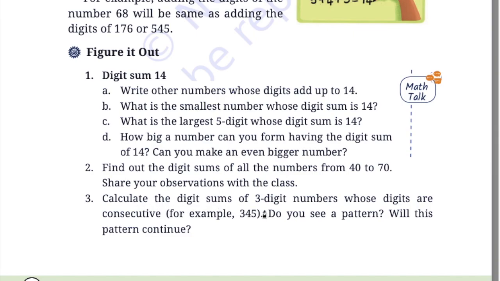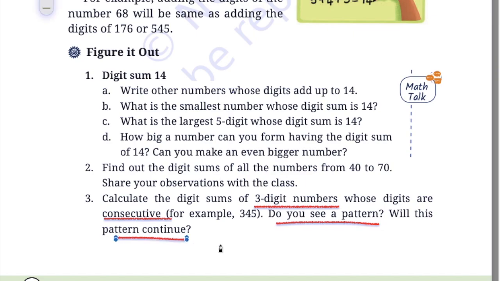Now the third question. Calculate the digit sums of 3-digit numbers whose digits are consecutive. I hope you know the meaning of consecutive. Consecutive means lagatar, one after another. For example, 345. Do you see a pattern? Will this pattern continue?